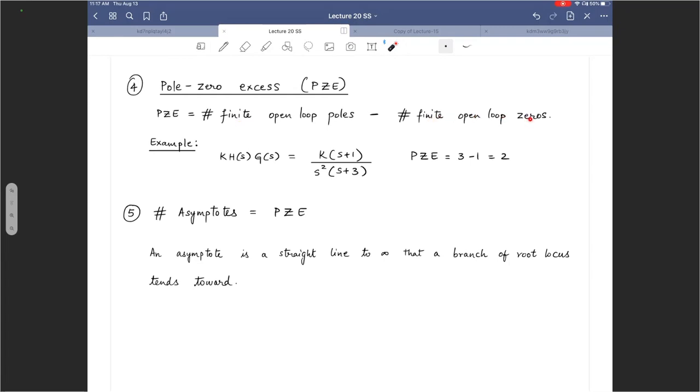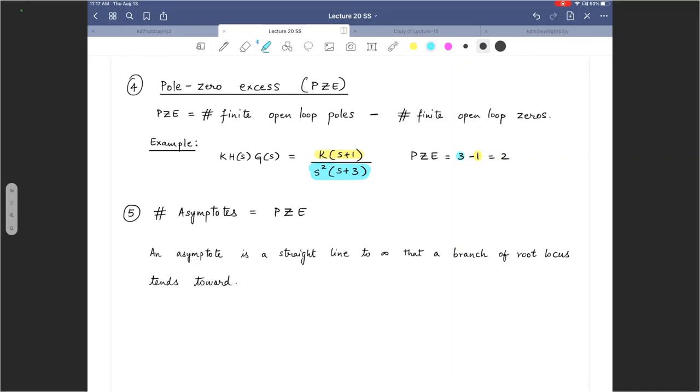Simple calculation. Consider an open loop transfer function k h of s g of s. We have 1 zero here at -1, and 3 poles over here. So the number of finite poles is 3, the number of finite zeros is 1, and 3 minus 1 is 2.